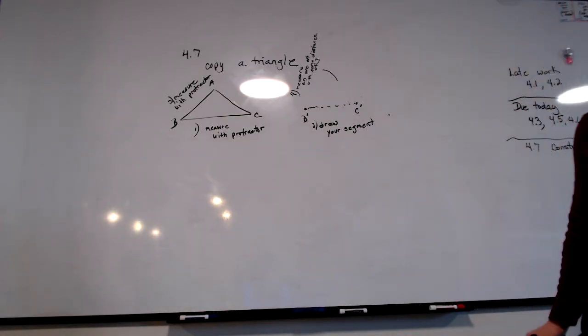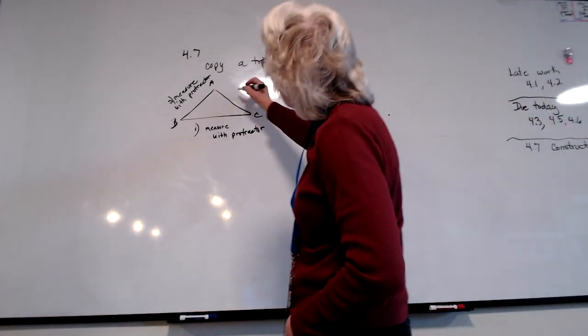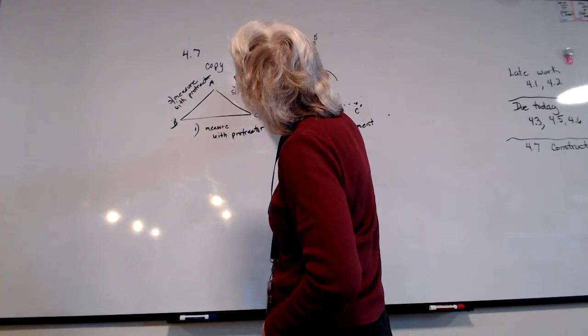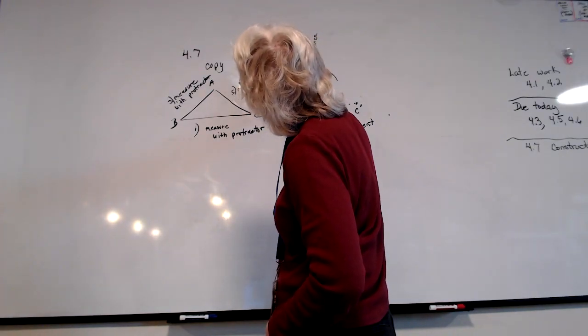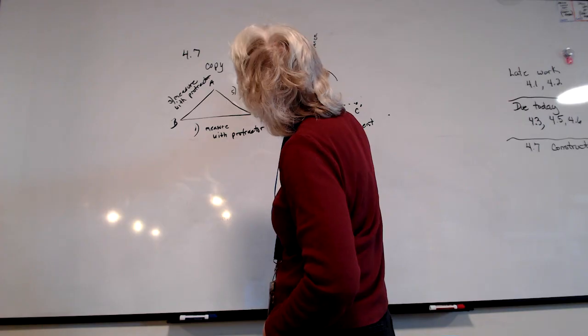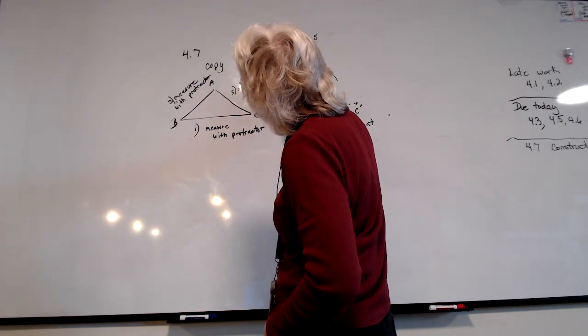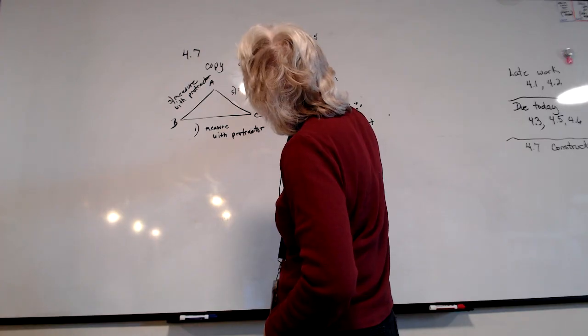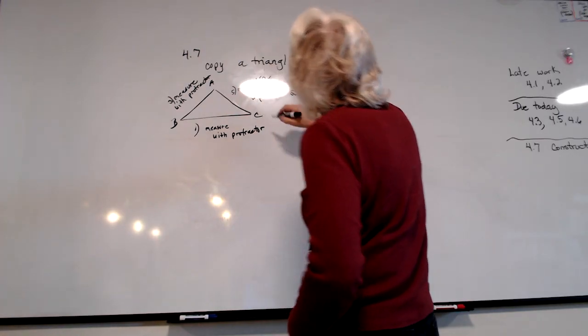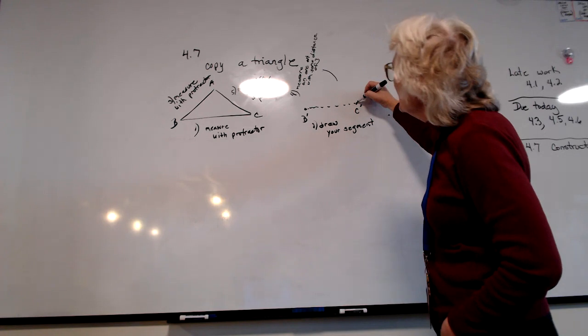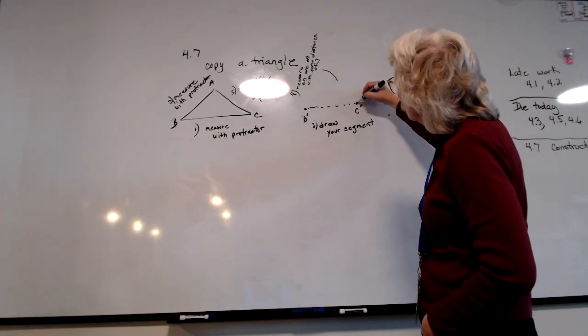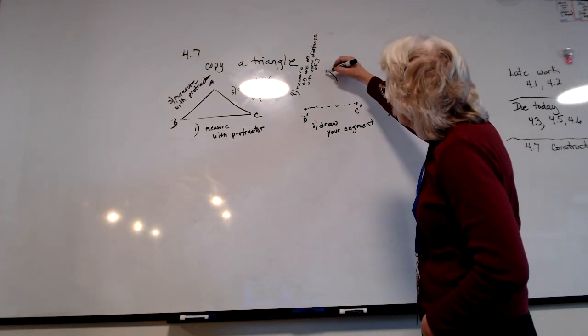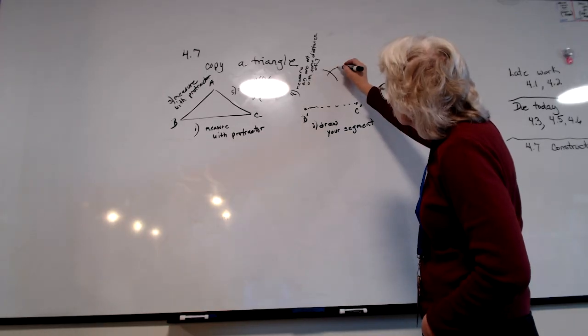Okay, so then the next thing you're going to do, 5, is you're going to measure this last side with the protractor. And again, you're going to do it from here. So we're going to measure from C, and we're measuring out here that distance.